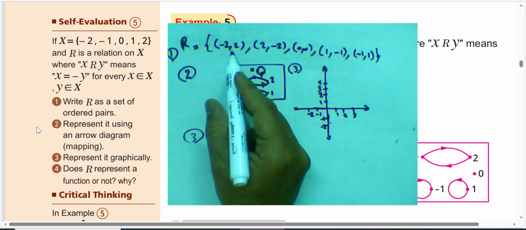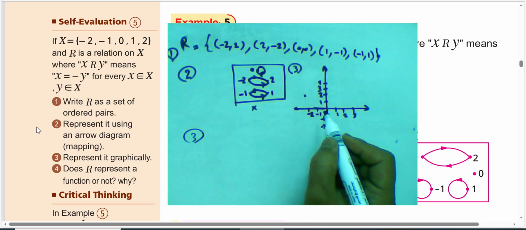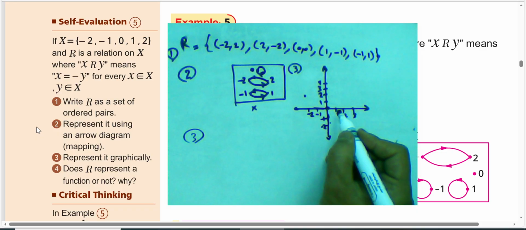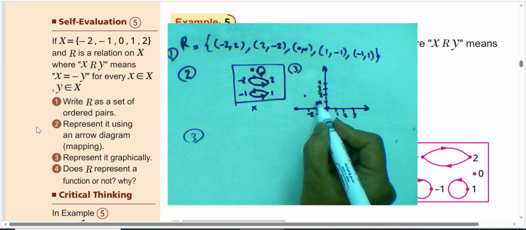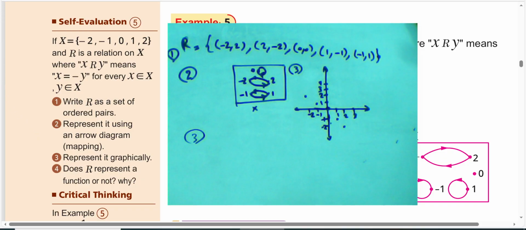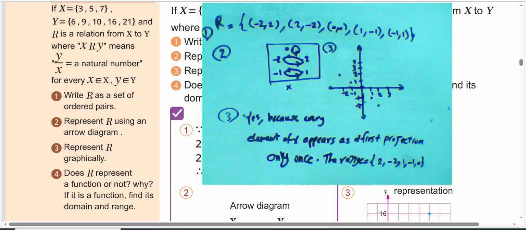Okay, plot negative 2 with 2, 2 with negative 2, 0 with 0, 1 and negative 1, and negative 1 and 1. Then the relation here is a function because each element has only one image in y. We call it a function because every element of x appears as a first projection only once, and the range will be 2, negative 2, 1, negative 1 and 0.